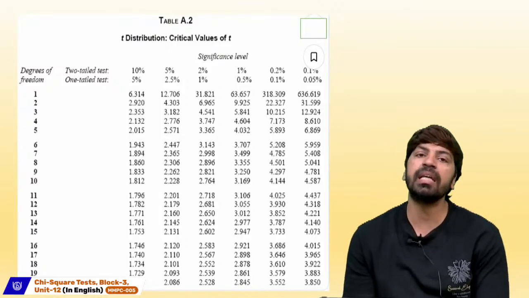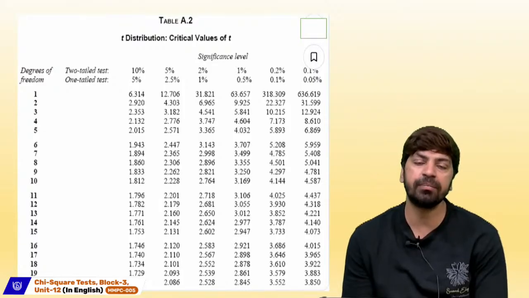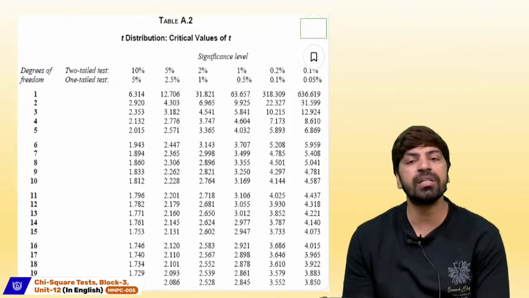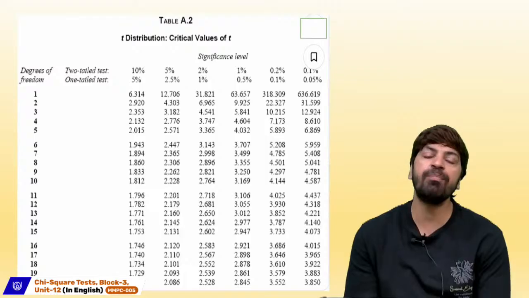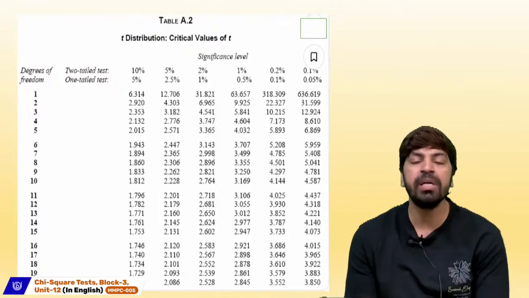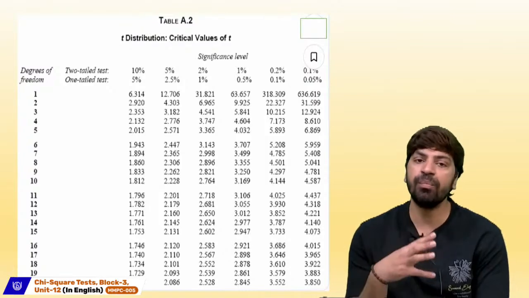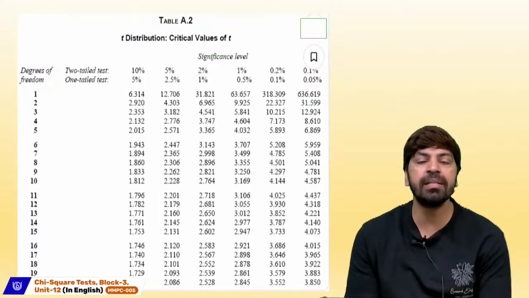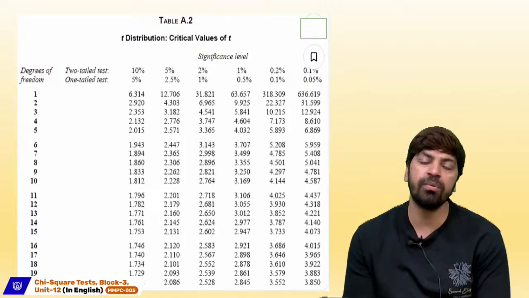So this is the tabulated t value, 2.262. As the t calculated value is 5.132, the t calculated value is more than the t table value, that is 2.262. That means we reject the null hypothesis.